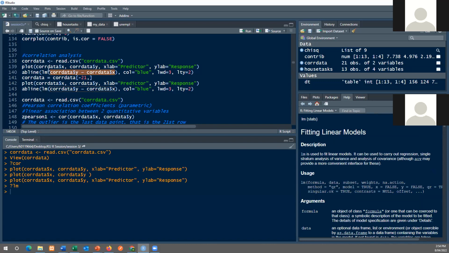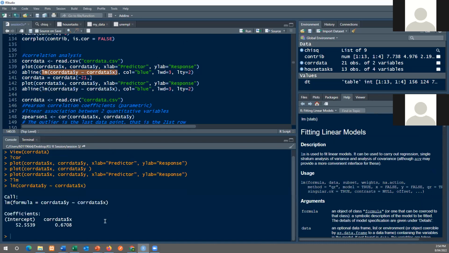If I just run this only, you can see it gives Y equals mx plus c, that equation from math, where m is the slope and c is the intercept. So Y equals mx plus c is the equation of a line.